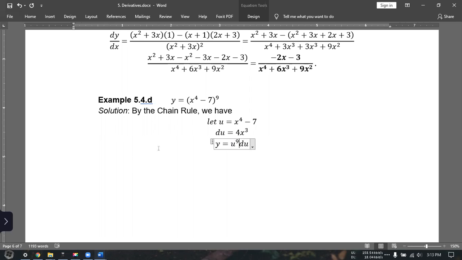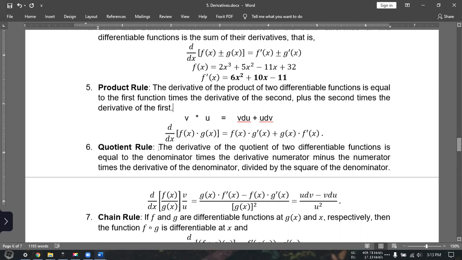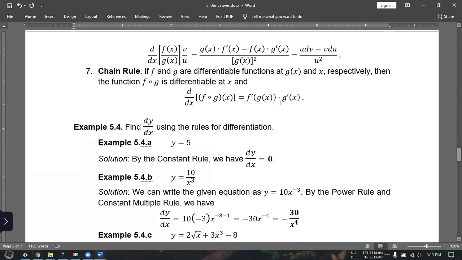The derivative of u is our g prime of x here, and I use u to replace our g of x. That is clear, no?